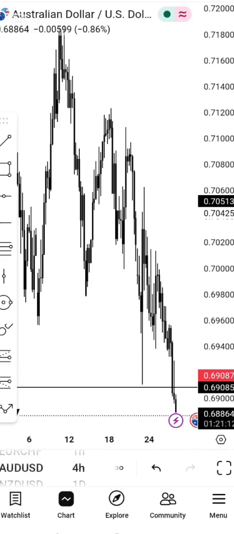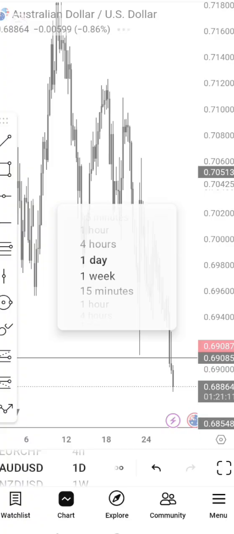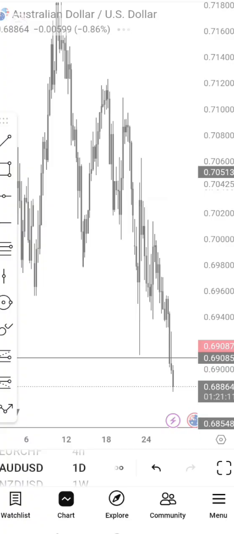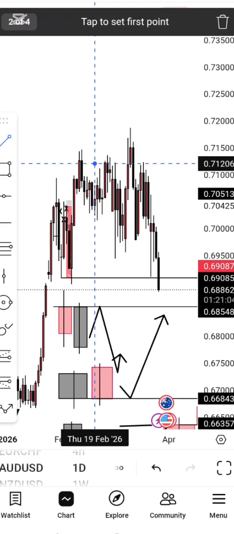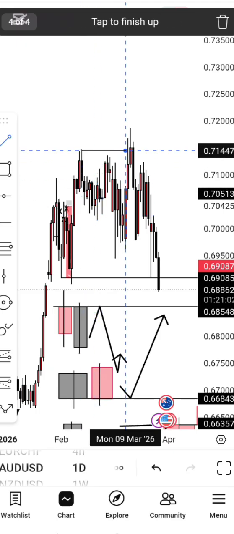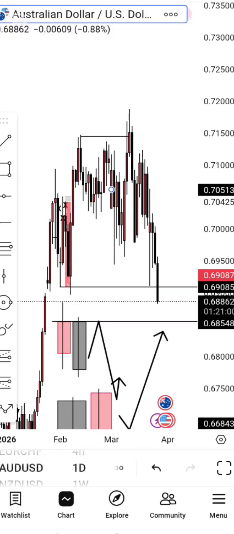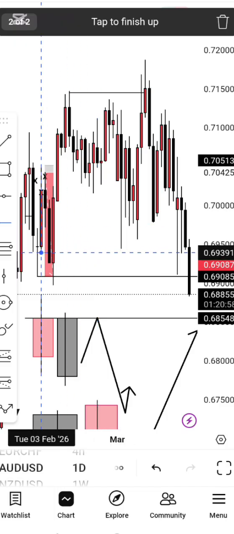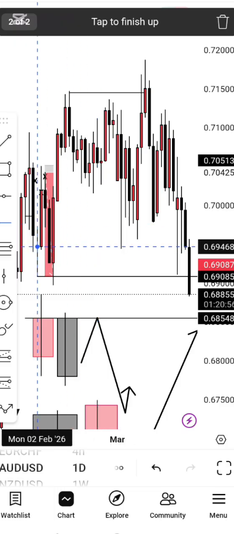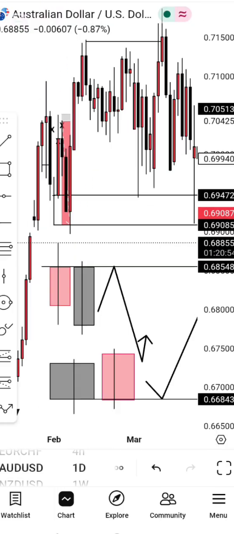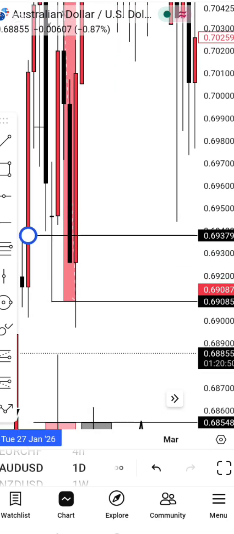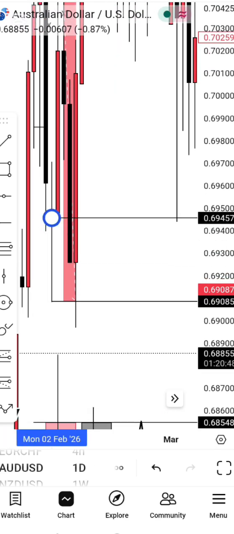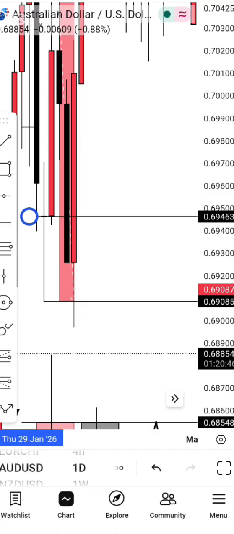All right, and so for the second one, this was what I had. This was a break of structure to the upside. We can see that this key level right here that was violated, this was a V-shaped key level.